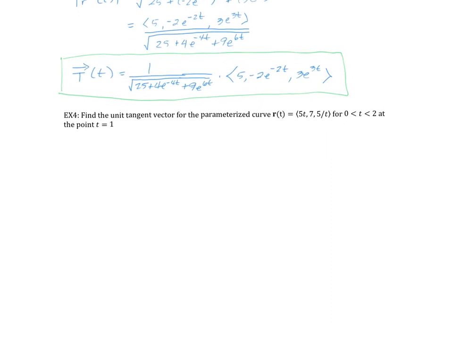So let's move on to example 4. We want to find the unit tangent vector for our vector r that's given, and then we're going to evaluate it when t is equal to 1. So I'll do the same thing I did before. I'm going to compute the derivative, and then I'm going to take its magnitude.